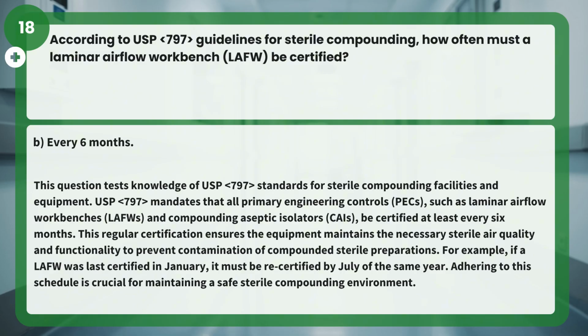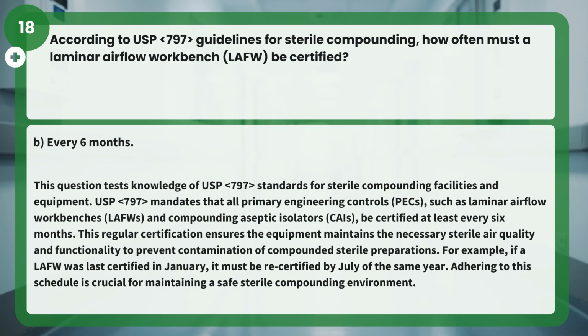This question tests knowledge of USP <797> standards for sterile compounding facilities and equipment. USP <797> mandates that all primary engineering controls, PECs, such as laminar airflow workbenches, LAFWs, and compounding aseptic isolators, CAIs, be certified at least every 6 months.